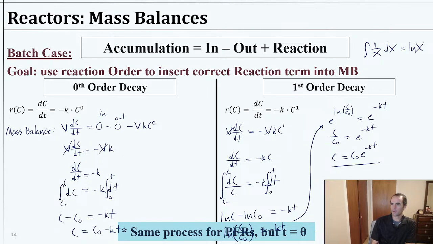So theta would go in for T, and that gives you some way to connect it with the actual size and scope of the reactor, because theta is equal to V over Q. But otherwise, the same exact principles apply.